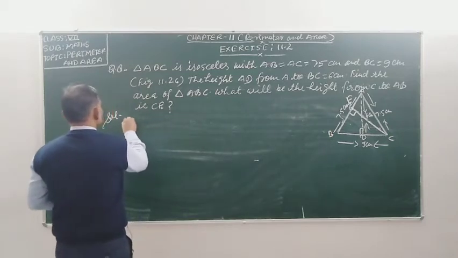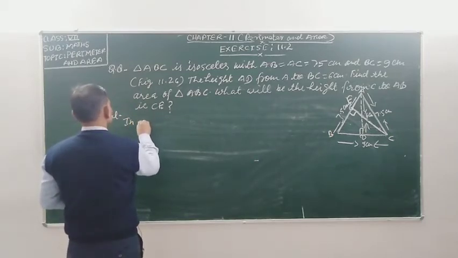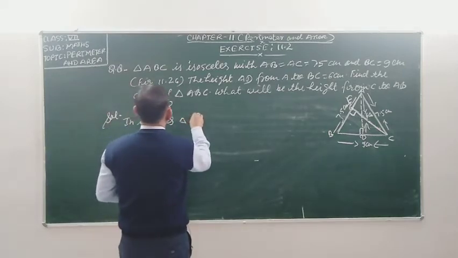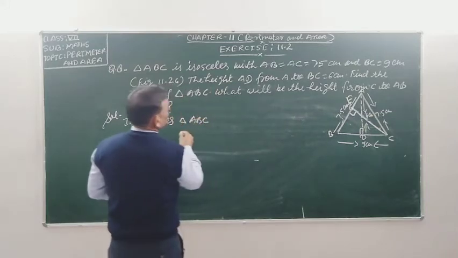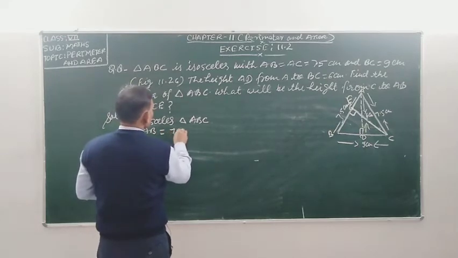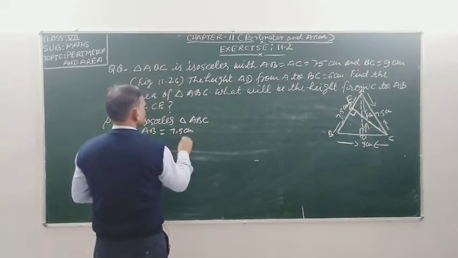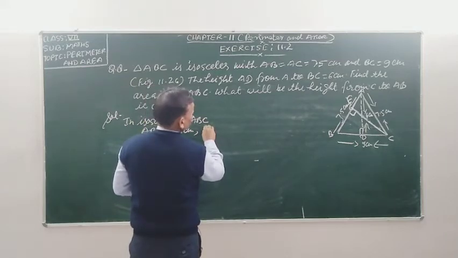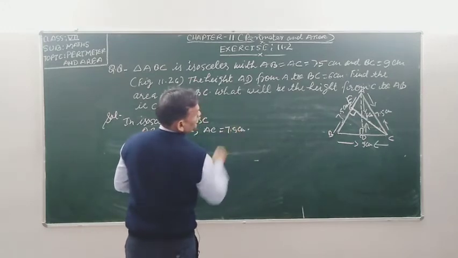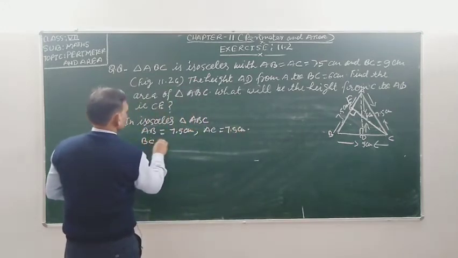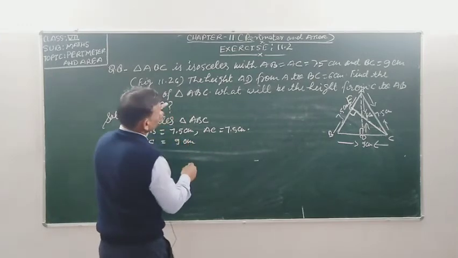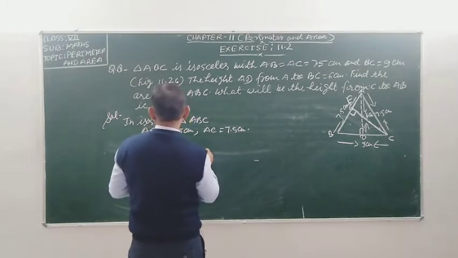given in isosceles triangle ABC, AB is equal to 7.5 centimeter, AC is equal to 7.5 centimeter also, and BC is equal to 9 centimeter.